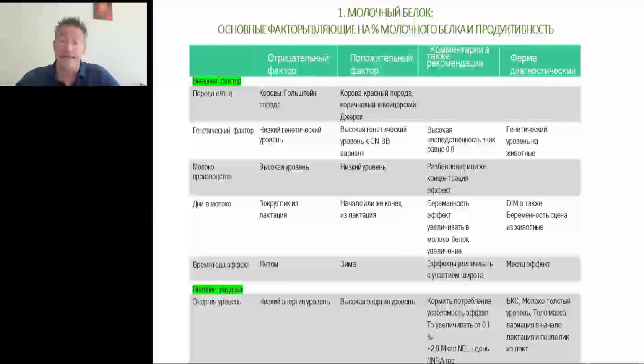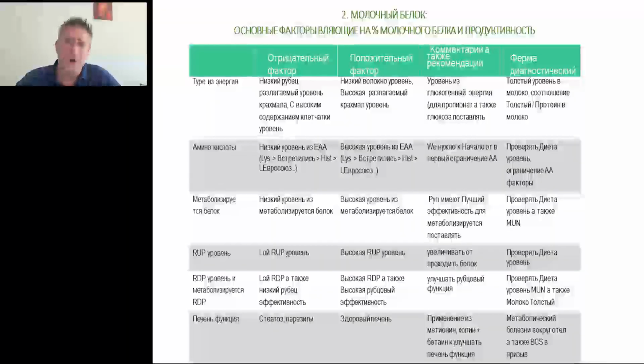modify the energy level. With a low energy level, the protein percentage is lower. When the energy of our diets is higher, I'm expecting to have a higher percentage of milk protein. Also, the type of energy has an influence on the milk protein. If I have a low rumen degradable starch level or high concentration of fiber, the milk protein will be lower.